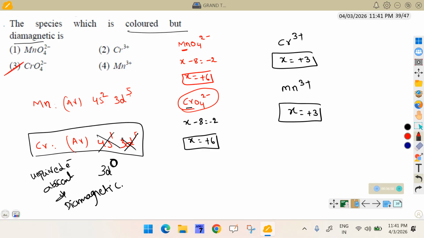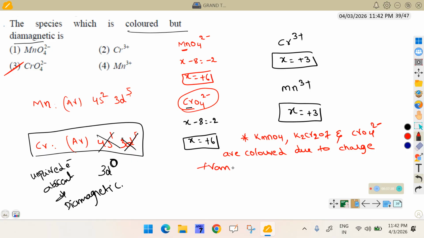How? Conditions: KMnO4, K2Cr2O7 and CrO4 2 minus are colored due to the charge transfer phenomenon.